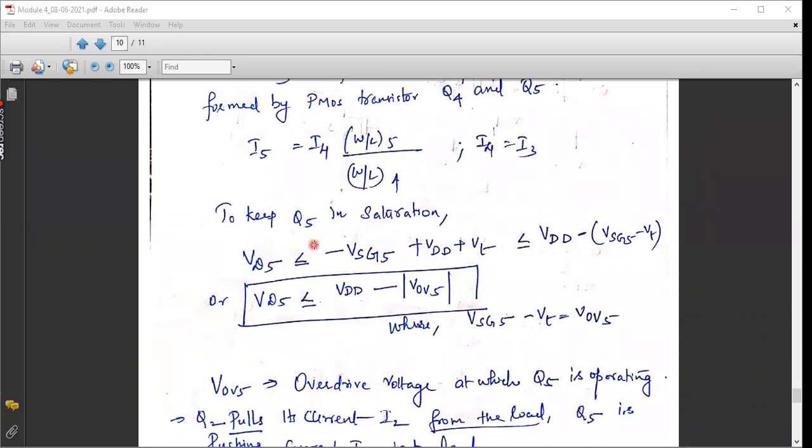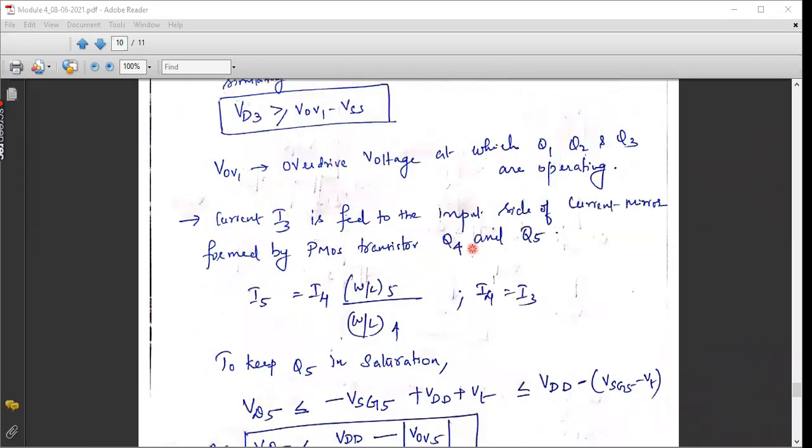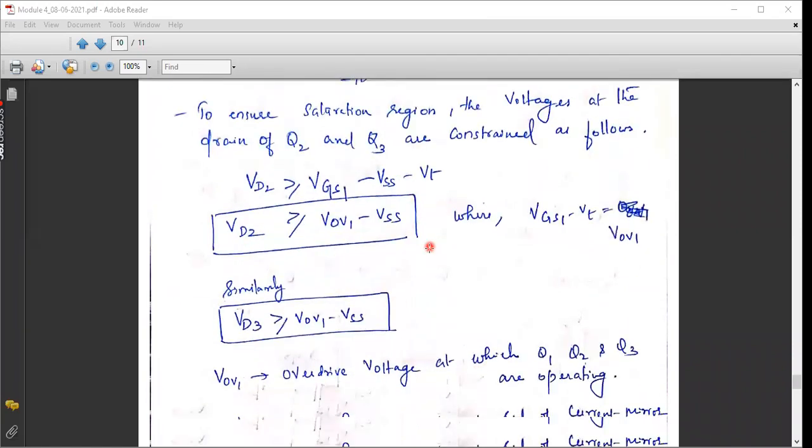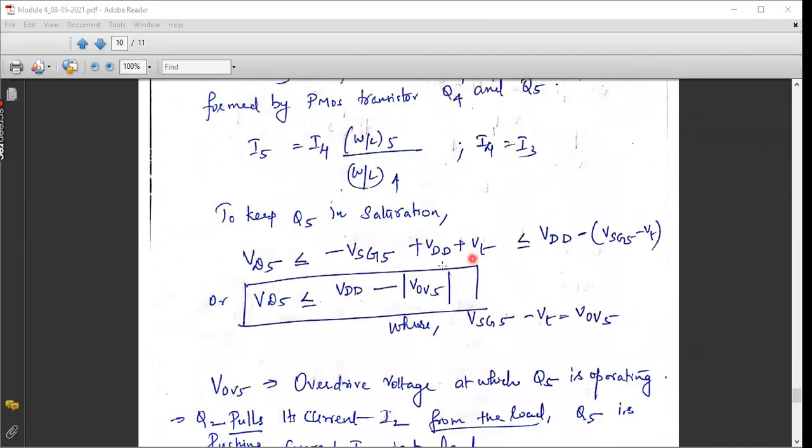Q5 is PMOS, so the gate voltage will be negative. Therefore, I put minus VSG. Then the threshold voltage will be positive for a PMOS device, so minus of minus VT becomes positive, whereas in the previous case it was minus VT. Here I will be putting positive VT. And apart from that, I need to add the supply voltage.